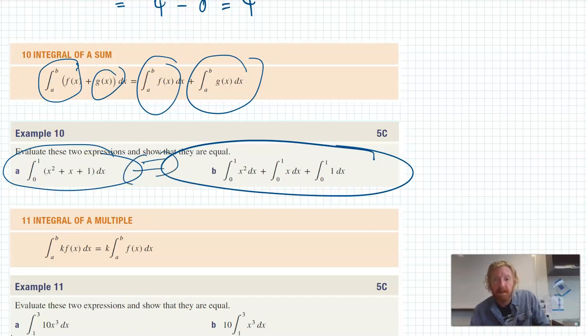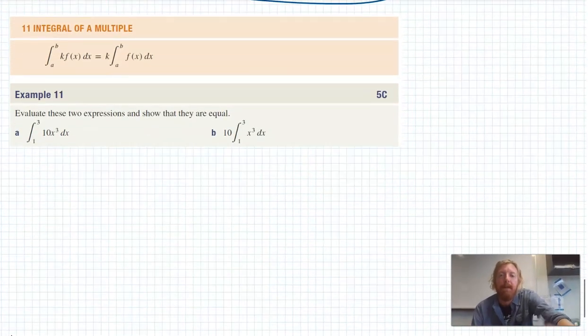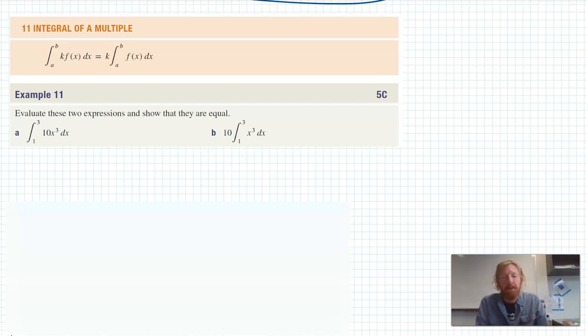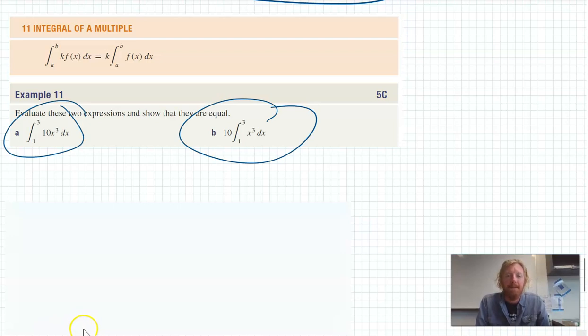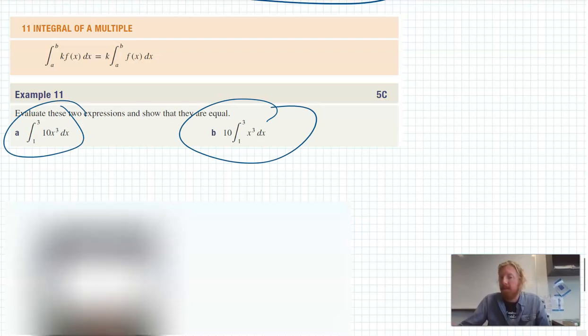A constant can be ripped out the front. That k, so this holds true. These properties you can investigate, but there we go. That's pretty much enough for today.